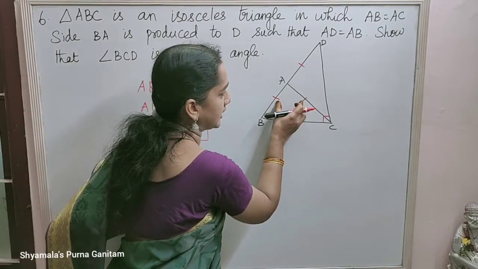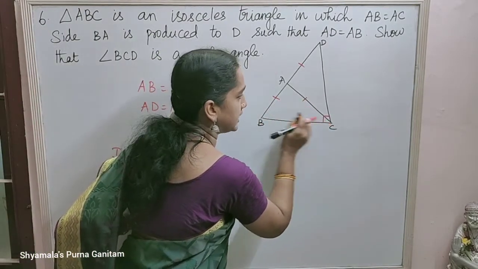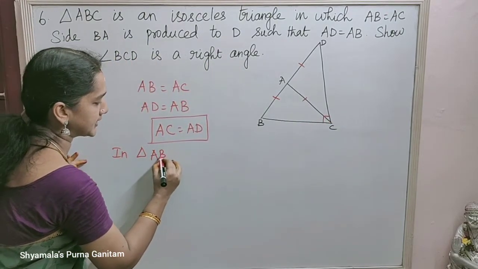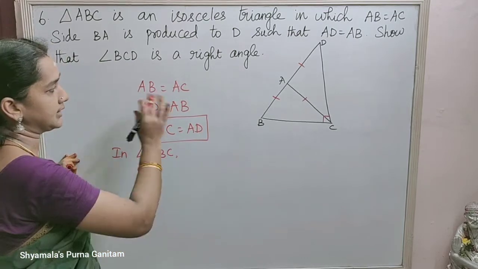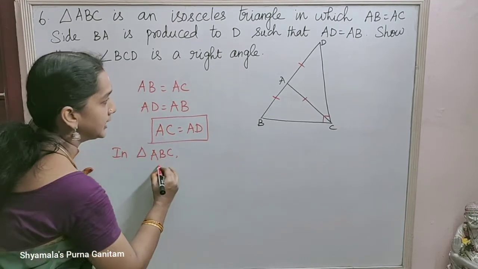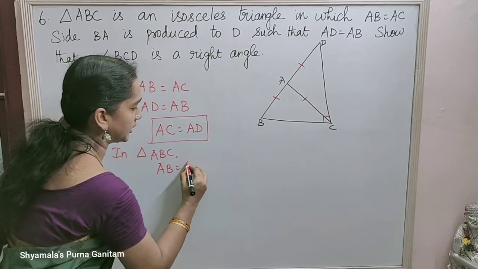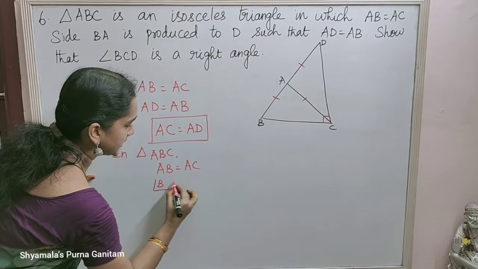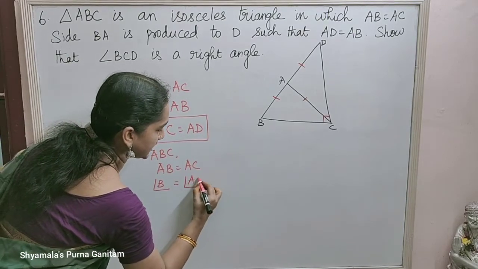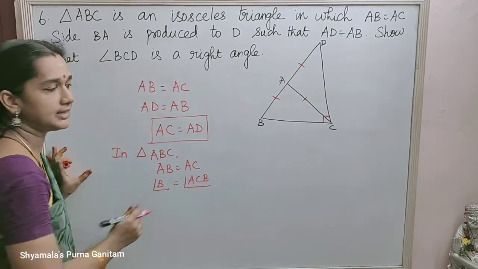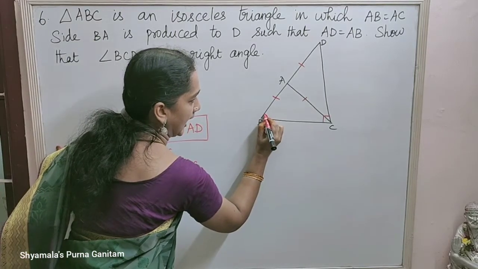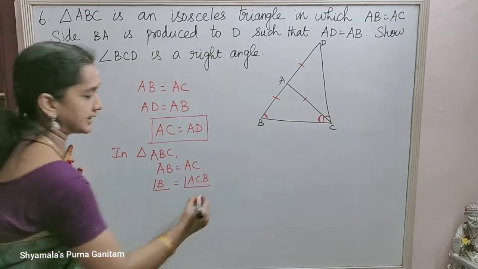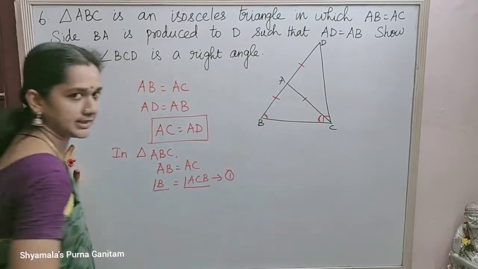In triangle ABC, since it is isosceles with AB equal to AC, angle B is equal to angle ACB. These two angles are equal. So this is the first equation.